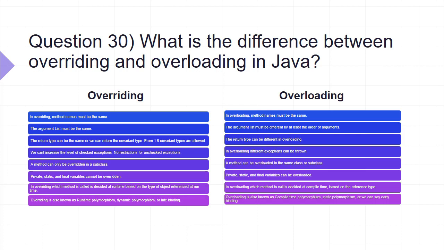In overloading, which method to call is decided at compile time based on the reference type. Overriding is also known as runtime polymorphism, dynamic polymorphism, or late binding. Overloading is also known as compile time polymorphism, static polymorphism, or early binding.